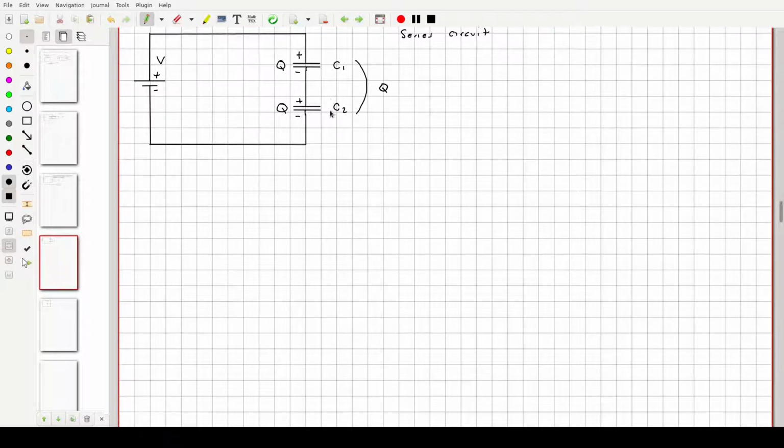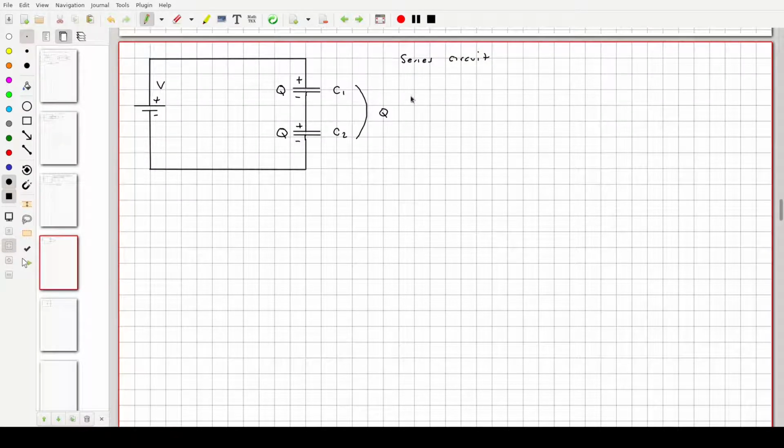So in a series circuit, the charge across the capacitors is all the same. If you think of Q equaling C times V, if Q is the same here, but C is different than this one, then V would be different as well.